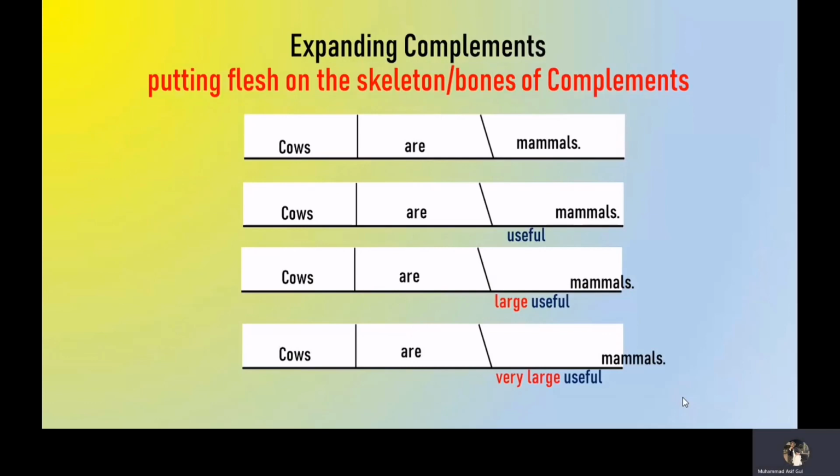So this is a simple way by which we can expand sentences. We can put some flesh on the basic skeleton of these sentences. And this activity of sentence slots is really helpful.